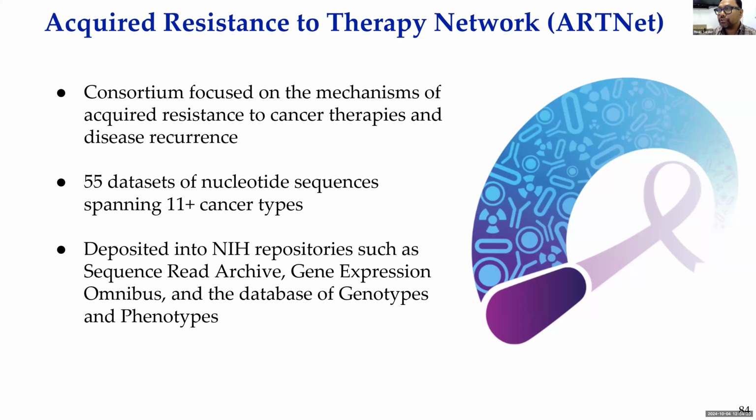I'm also part of the ArtNet consortium, which I never talk about, a cancer consortium where we are developing data for patients or mouse models which are resistant to therapy, and we have multimodal data we are collecting, which would soon be used for some of our projects.